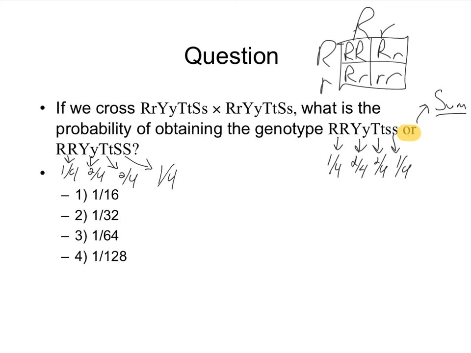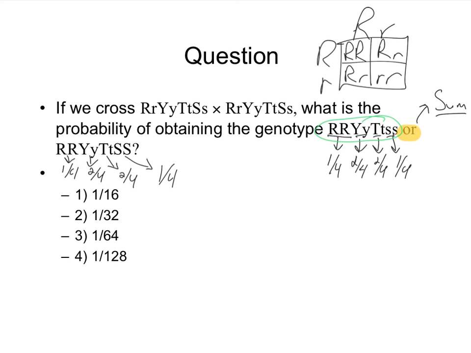So how do we find the chances of this happening and this happening and this happening and this happening, so that we can end up with this whole thing, that genotype? Well, we take each of these and multiply them times each other.